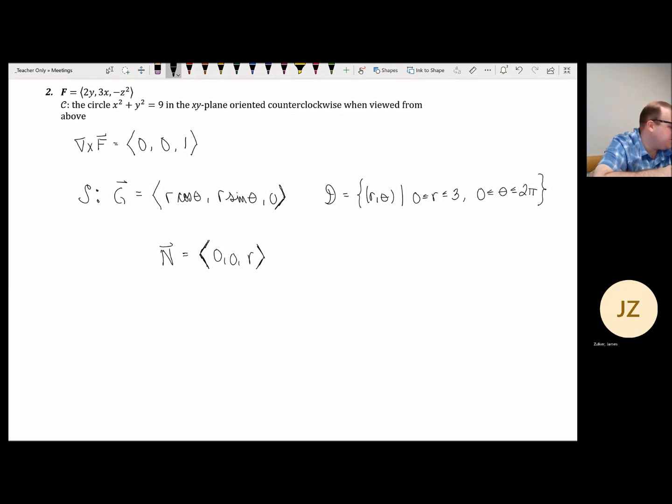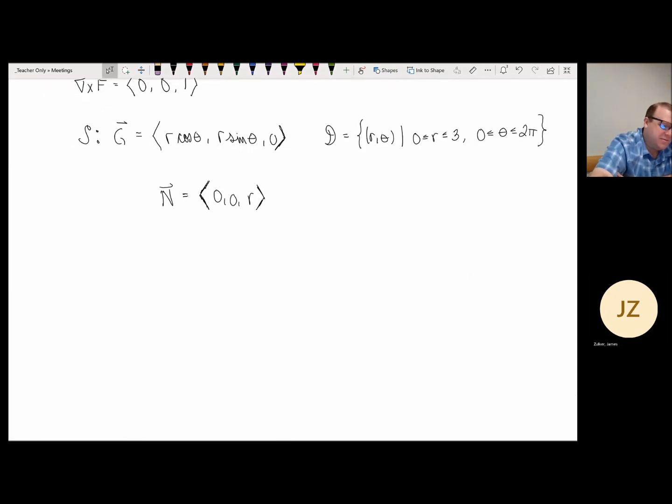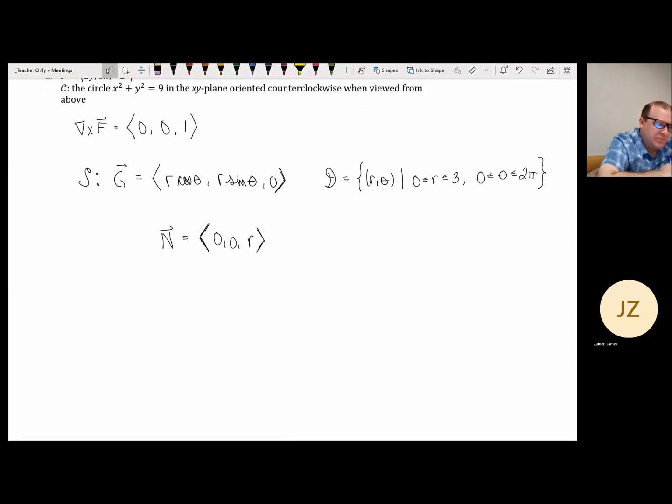We're dealing with normal vector (0, 0, r). And that is outward pointing. That is positive orientation.